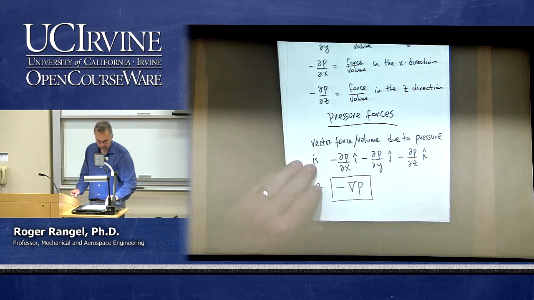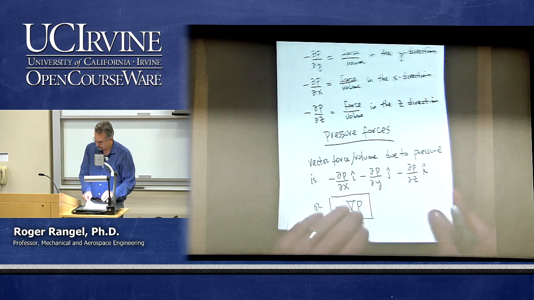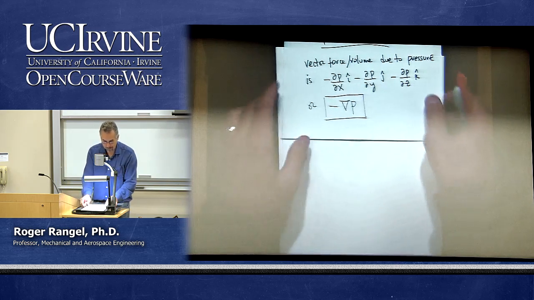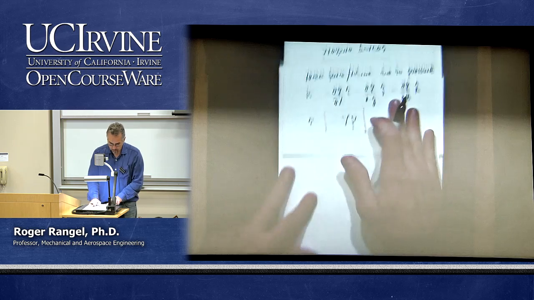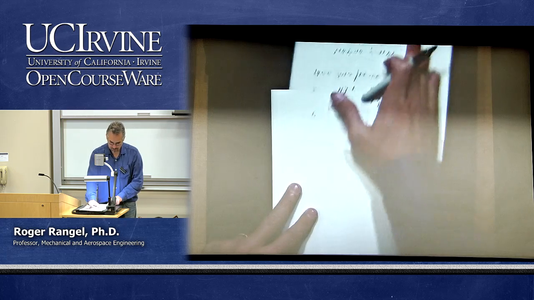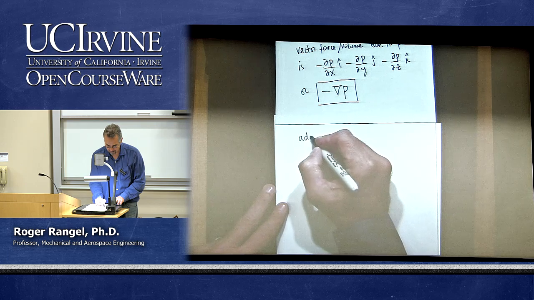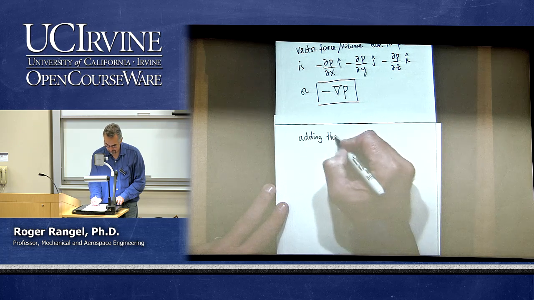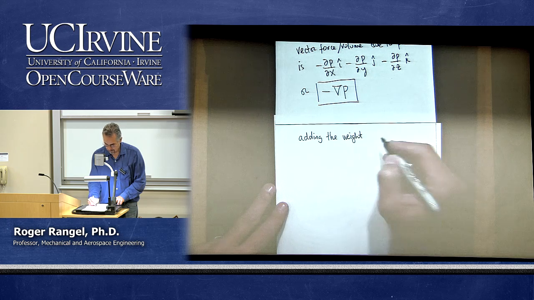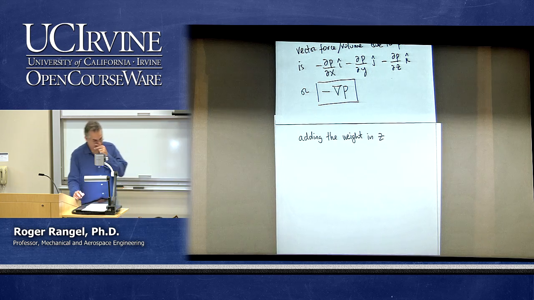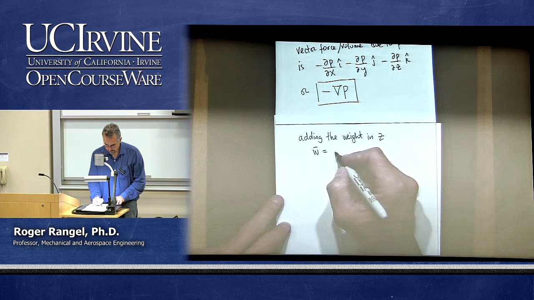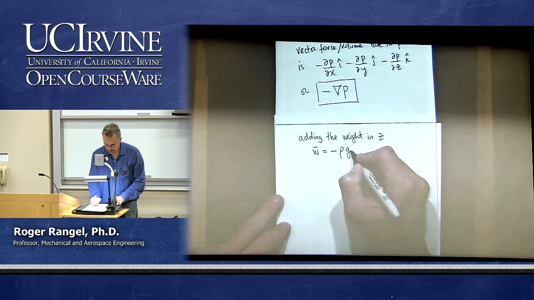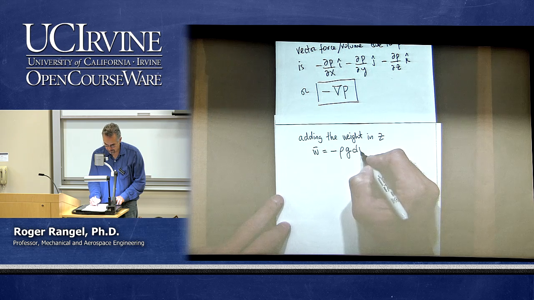Okay, so if I put everything together, this is only the pressure side of the story. If I add the weight, then of course remember that the weight only acts in the z direction. So adding the weight in z, the weight as a vector is negative rho g dV, where dV is the volume of the element.